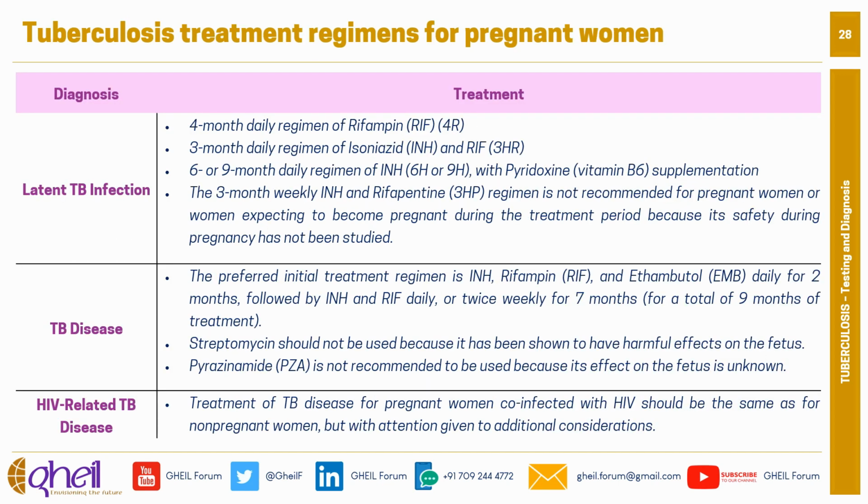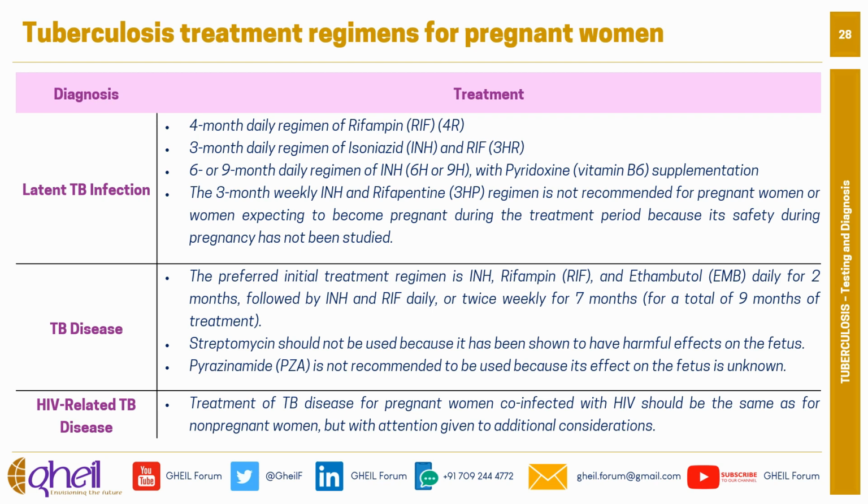Tuberculosis treatment regimens for pregnant women. Diagnosis. Treatment. Latent TB infection. 4-month daily regimen of rifampin, RIF, 4R. 3-month daily regimen of isoniazid, INH, and RIF, 3HR. 6 or 9 month daily regimen of INH, 6H or 9H, with pyridoxine, vitamin B6, supplementation.